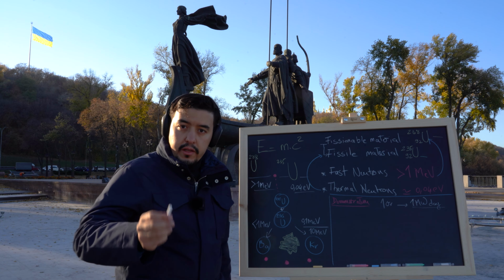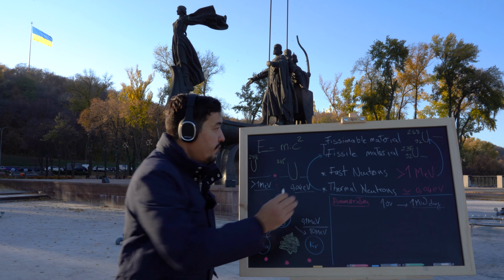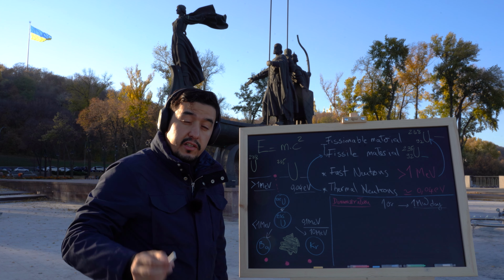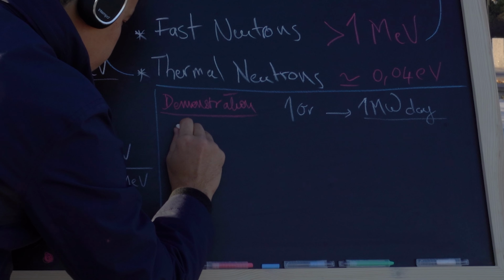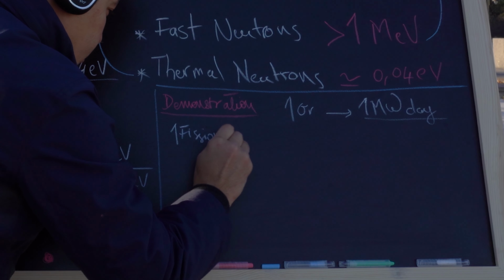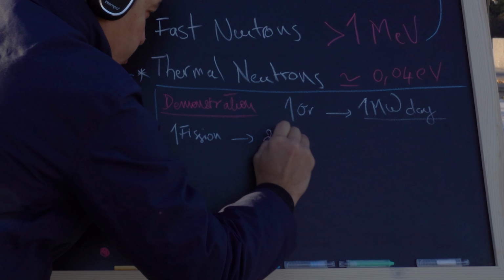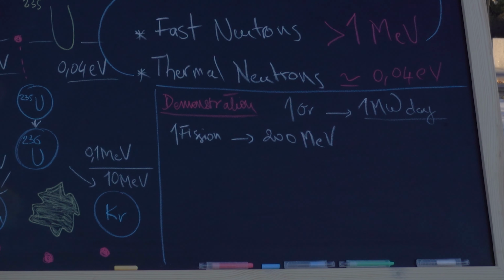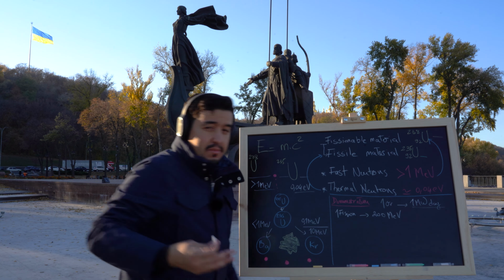Here it is. We know that one fission of any fissionable material will release the equivalent energy of 200 MeV. So one fission releases 200 mega electrovolt. Mega electrovolt doesn't mean that much to me.